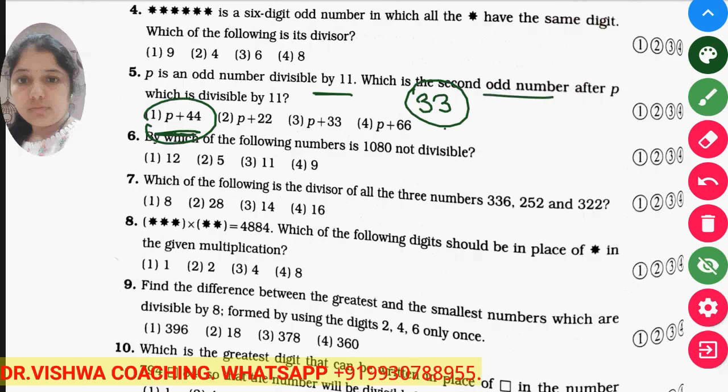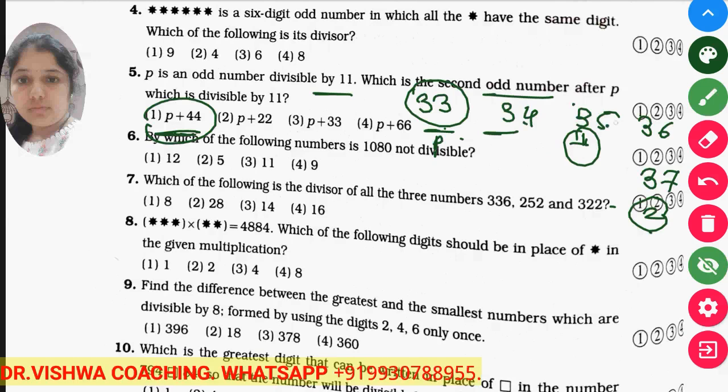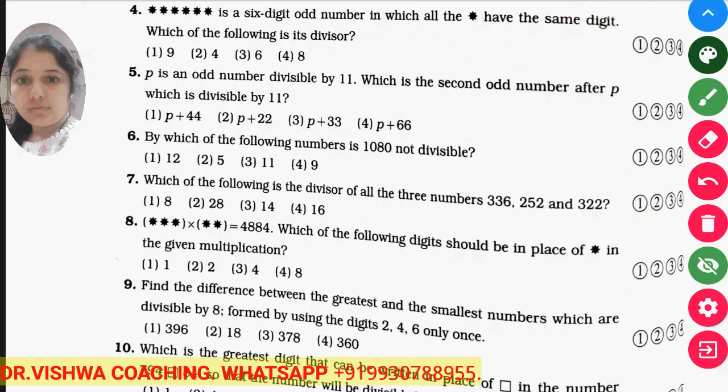Now we have to find the second odd number after P. So P is 33; 35 is the first odd number after P and 37 is the second odd number after P. So how many times do you add 11? 1, 2, 3, 4. So 11 fours are 44. So P plus 44 is that number. Okay.